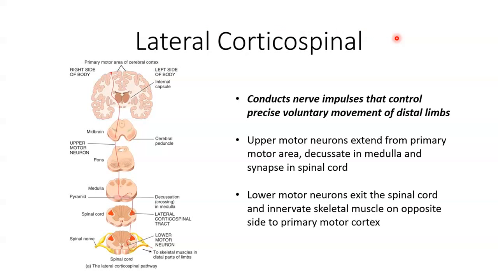The lateral corticospinal tracts conduct nerve impulses that control precise voluntary movements of the distal limbs, so our hands and our feet. These muscles are responsible for really precise, agile, highly skilled movements. So think about maybe walking on a tightrope or buttoning your shirt or playing the piano.